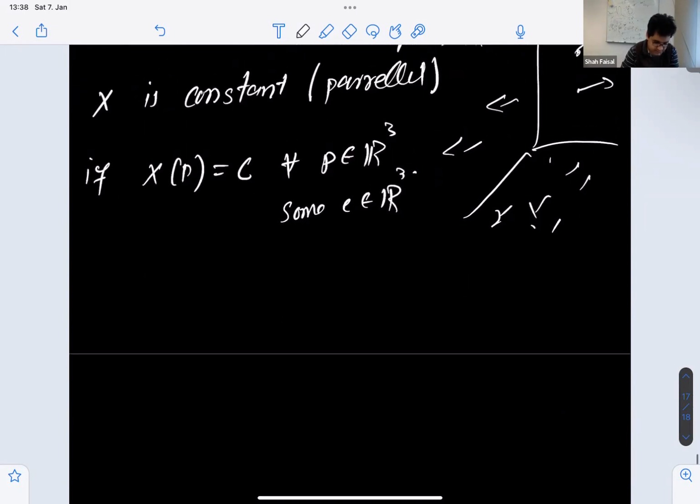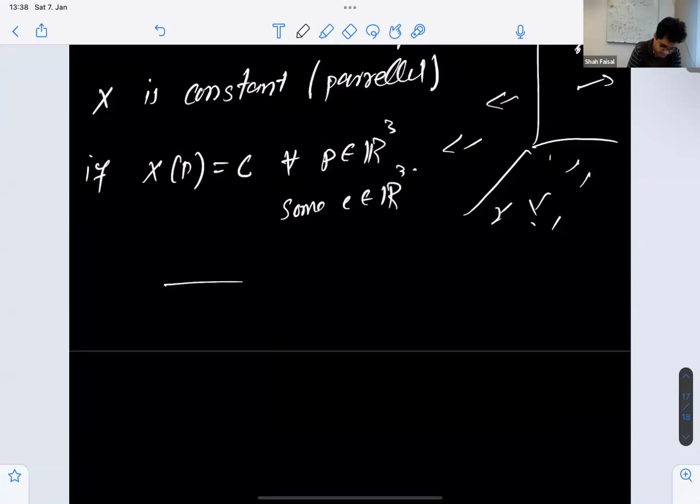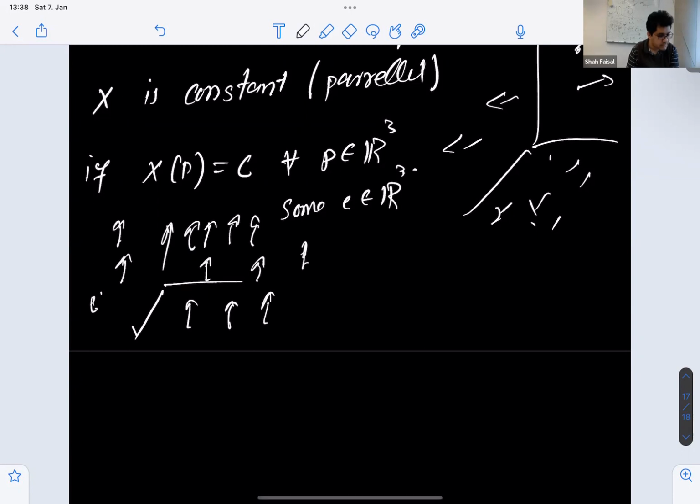And in this case, it looks like this. It looks parallel. That's why it's called parallel. So it would be the same vector everywhere. That's what it means to be constant, right?